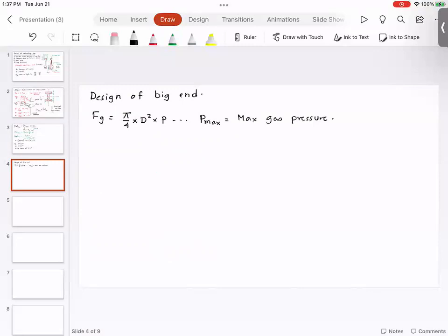Then d is the piston dia. dc is the dia of crank pin.